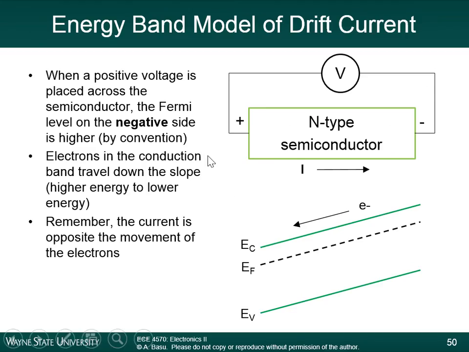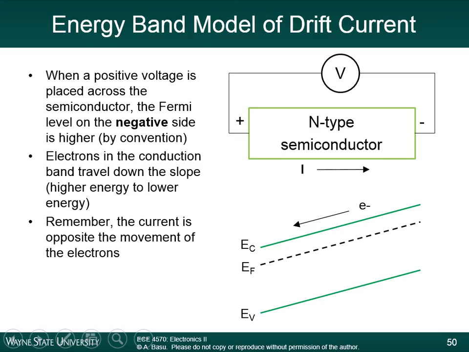One of the things we said was that if you place a voltage across the semiconductor, whichever side has a higher voltage will have the lower Fermi level. In this case, we applied a voltage to an N-type semiconductor. The positive voltage was placed on this side, negative voltage on this side. The corresponding Fermi level in the energy band diagram is lower on one side and higher on the other side.